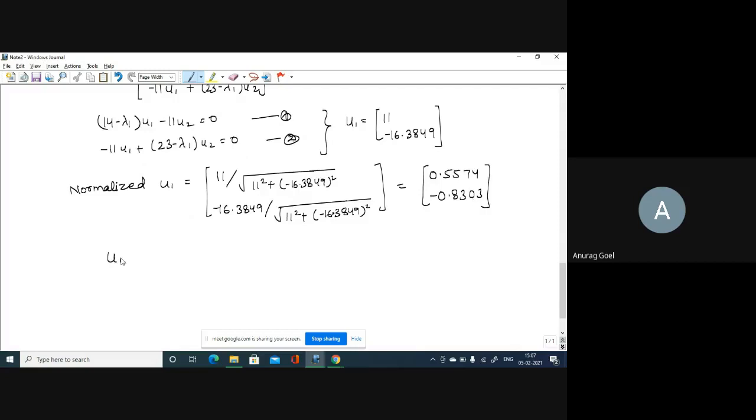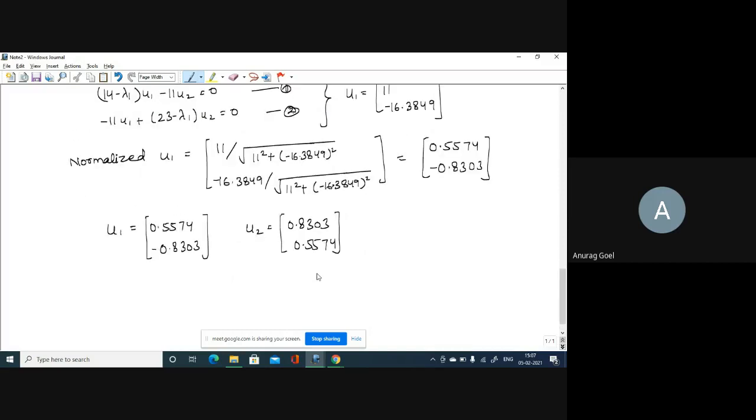Let me write it. U1 is 0.5574, minus 0.8303, and U2 is 0.8303 and 0.557. So this is the first component.